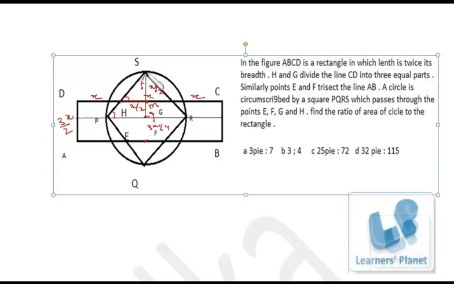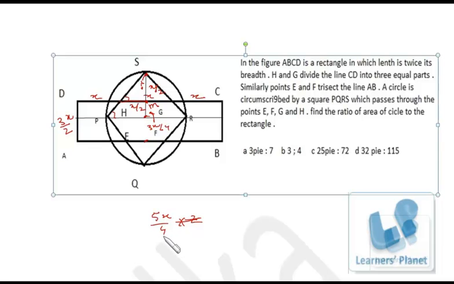Right? So from this point to this point, the total length is x by 2 plus 3x by 4, or we can say 2x by 4 plus 3x by 4, that is 5x by 4. That is the length from this point to this point. That means the total length of the diagonal will be 2 times this, right? This is the diameter of the circle, right? So the radius of the circle will be this only, 5x by 4.